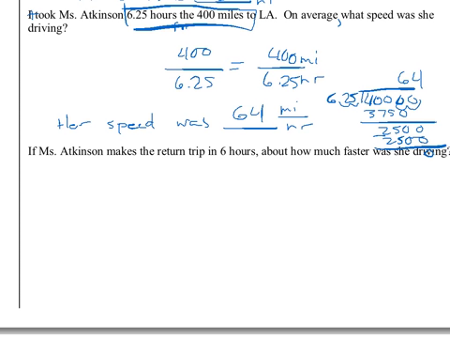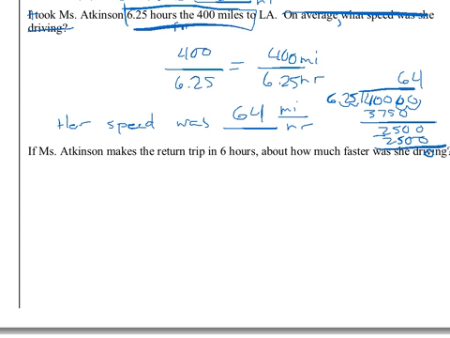So this next question is one that they probably could have replaced the previous question with. They could have said it took Ms. Atkinson 6.25 hours on the way to LA.